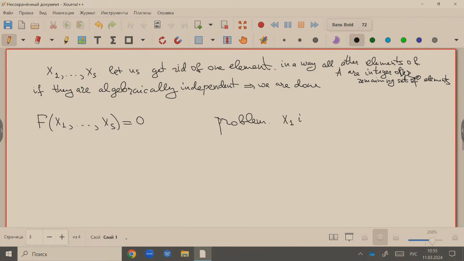So xs is integral over x1, ..., xs minus 1.